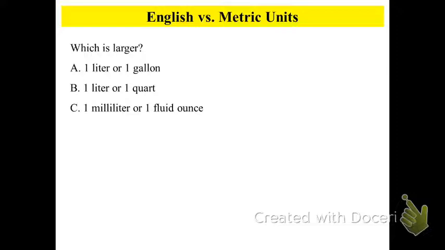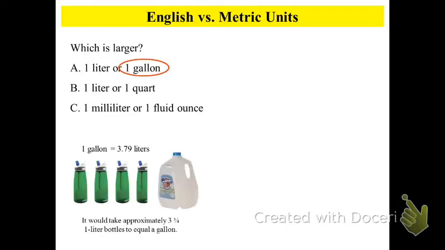As we look at which is larger, 1 liter or 1 gallon, if you think about where you see liters versus gallons, gallon is bigger. So we're filling in number 1 and number 2 on your notes. 1 gallon actually equals 3.79 liters.